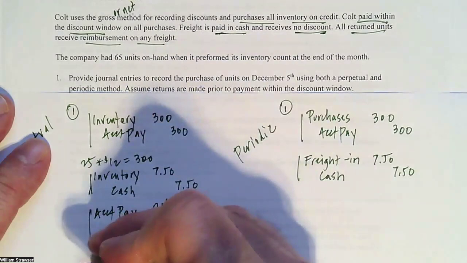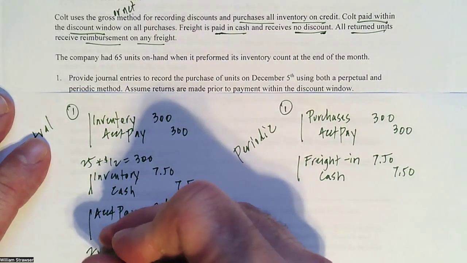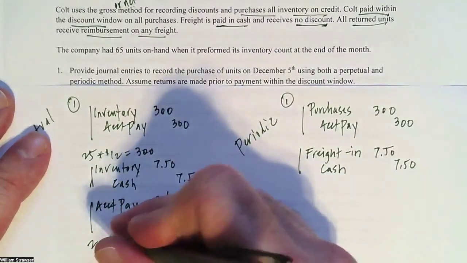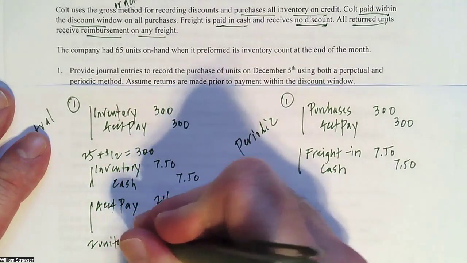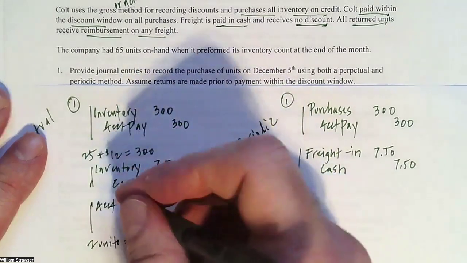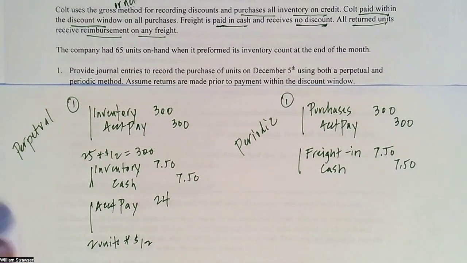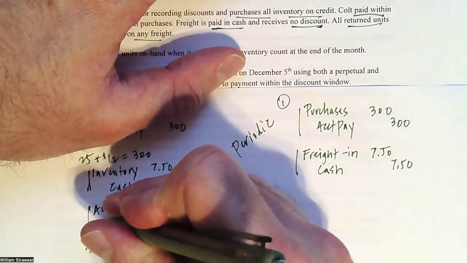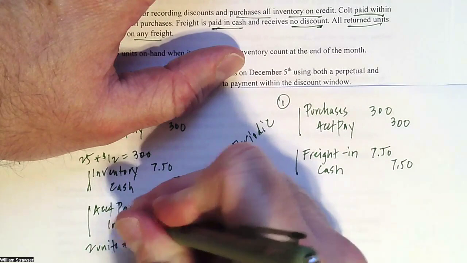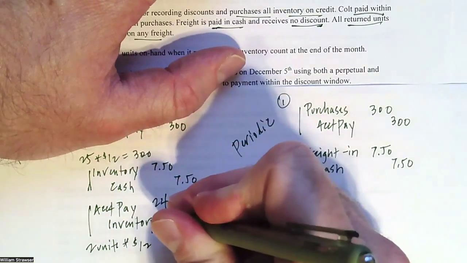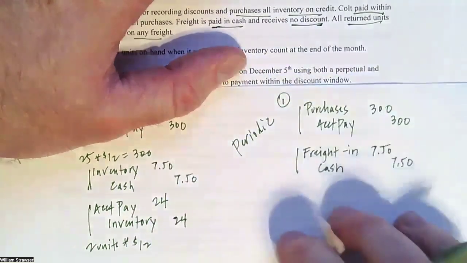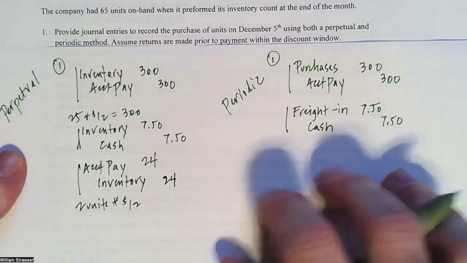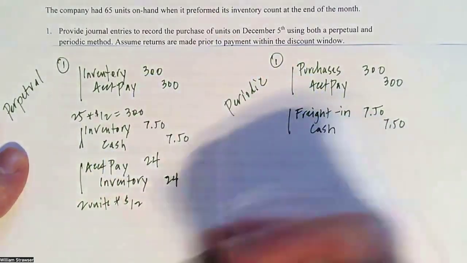And again, that $24 is just 2 units returned times $12 each. So that reduces some of what I still have to pay on my inventory invoice. And I would record this as a credit to inventory because of those 2 units that were returned. I didn't keep them, so I need to remove them from my inventory purchase.